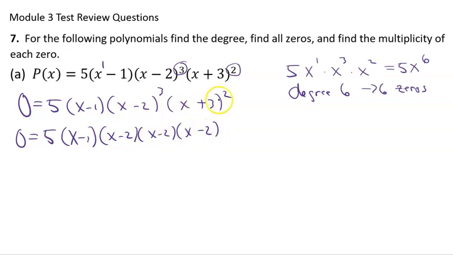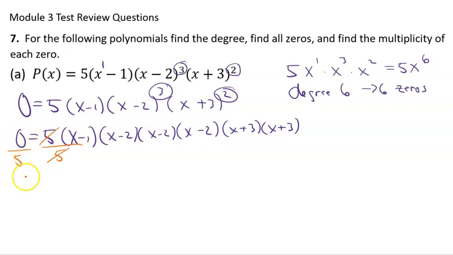Okay, when this has x plus 3 squared on the outside, that really means there's 2 of them. And if it helps you to write it out that many times, but whenever the square's on the outside of the parentheses, you just write it out that many times because that's what that means. So when I find my zeros, 5 does not give me a 0. Why not? Because really I could divide each side by 5 and it disappears.